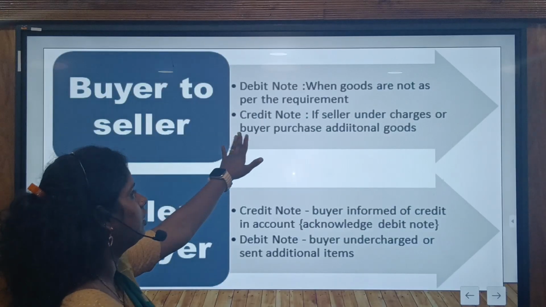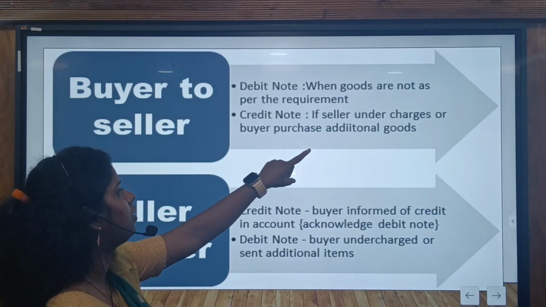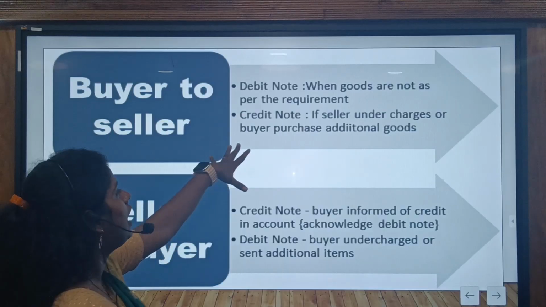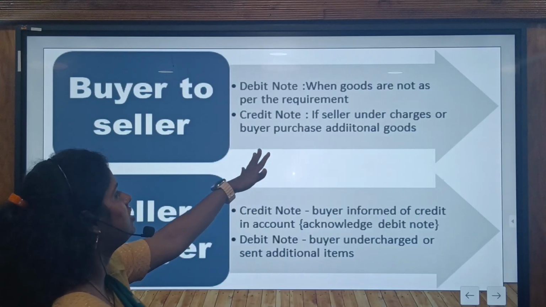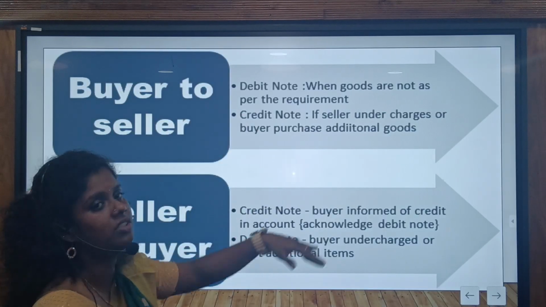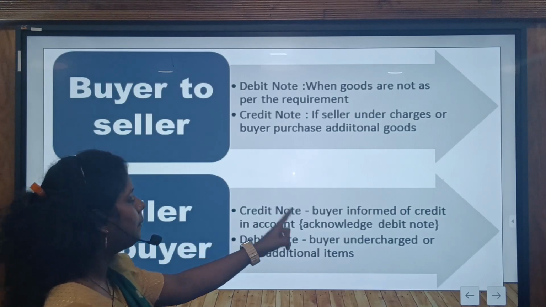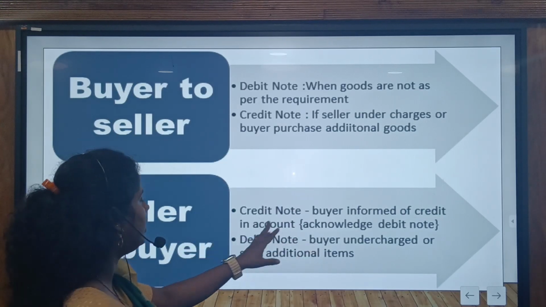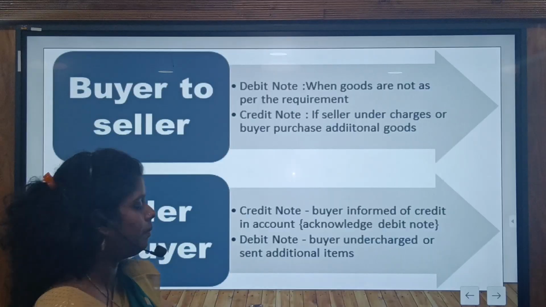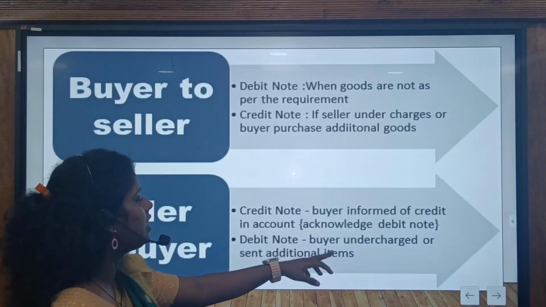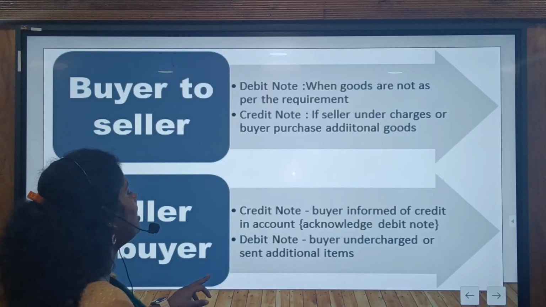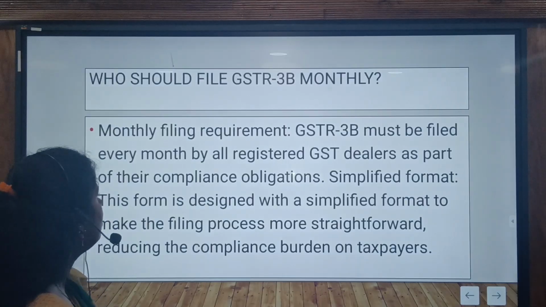Here the buyer issues a debit note to the seller where goods are returned, and a credit note if the seller undercharges or the buyer purchases additional goods, and here the credit note will be given. The buyer is informed of the credit with the debit note. So debit note, buyer ordered additional items.